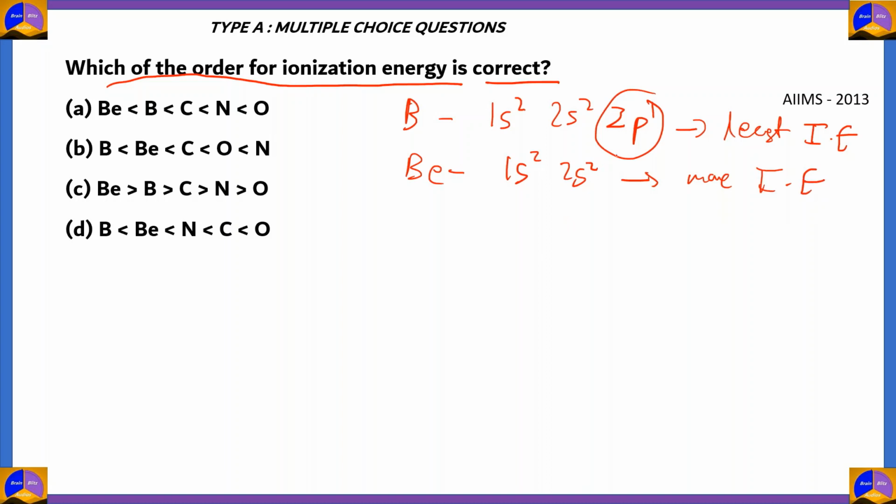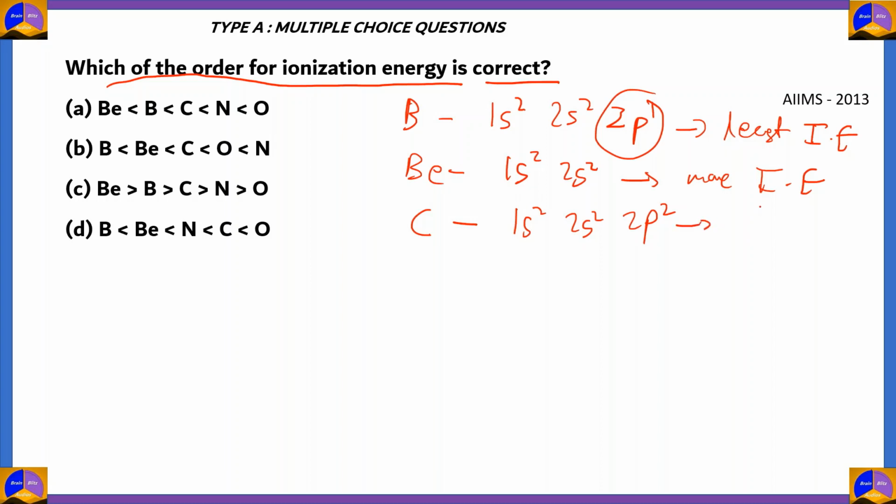Next, we have carbon, oxygen, nitrogen. Carbon has the electronic configuration 1s2, 2s2, 2p2. If you take the electrons in the 2p orbital away, it would still make no big difference.